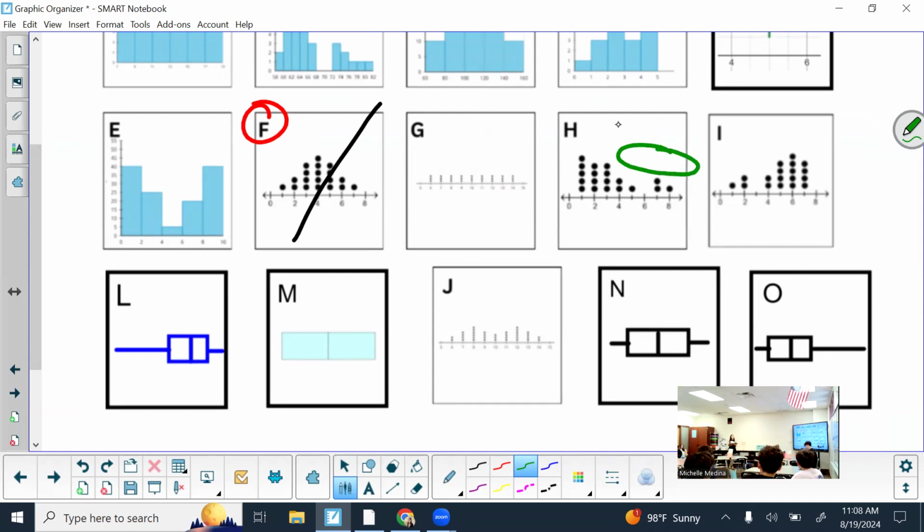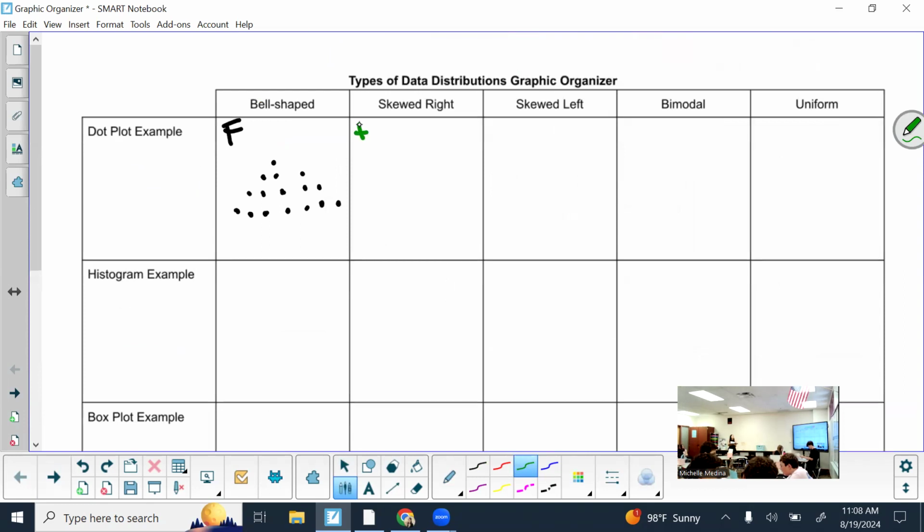Don't look at where the data is clustered because then that will confuse you. Look for where the void is, which is on the right. That means that H is your right skewed dot plot example. It doesn't need to look perfect, but it should definitely have a space on the right. Okay, question? Yes, make sure you sign out.